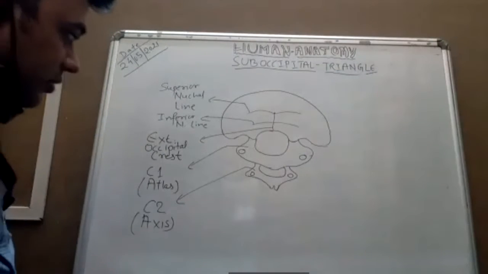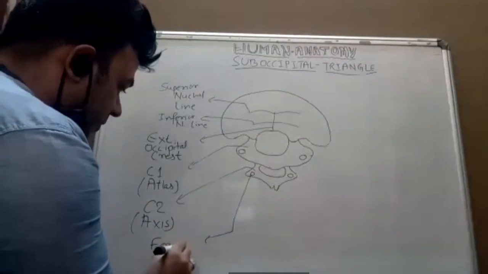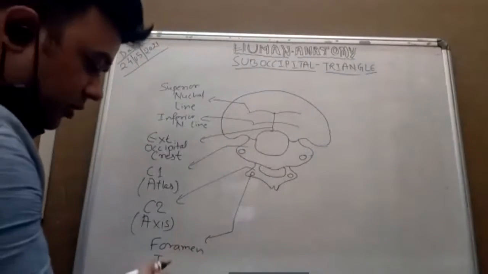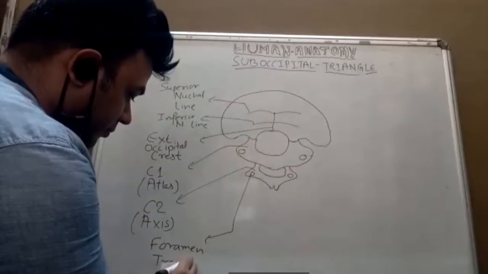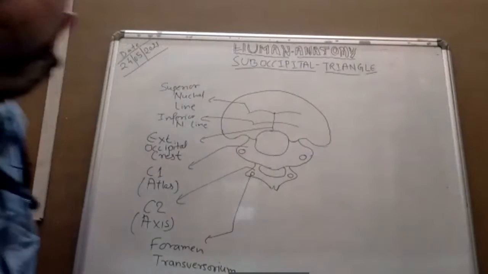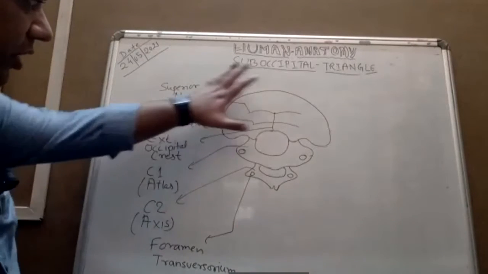Okay, how will you write it? Foramen, transverse foramen simply, और difficult बनाना है तो foramen transversarium. Got it? ठीक है? Okay. So these are the bony structures.